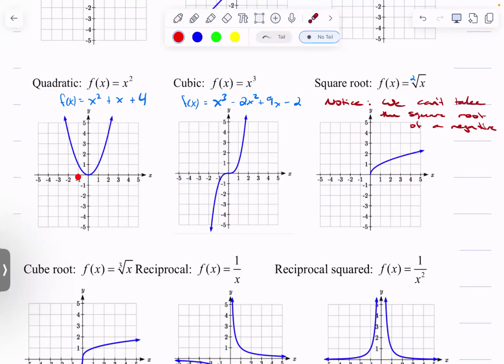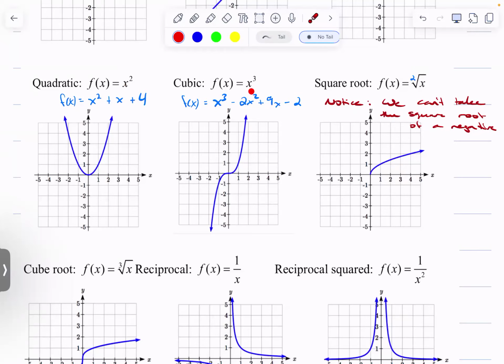We didn't have restrictions like that on our x squared and our x to the 3, right? We did have restrictions on our outputs. Just like we said earlier, if I square a number, then the output will always be positive, right? And so that's what we see in this graph. Okay. If I take a number to the power of 3, I preserve that negative.